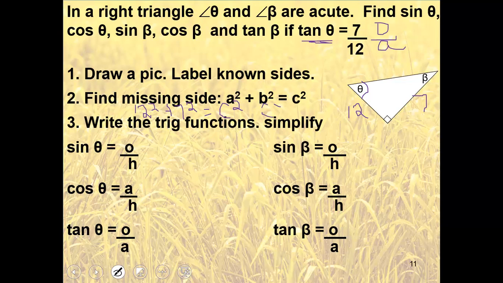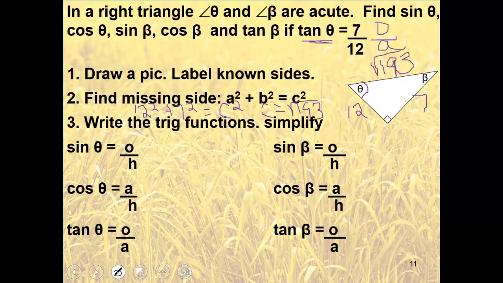So c is going to be the square root of 193. It's not divisible by 3 because the digits don't add up to a number divisible by 3. Is it divisible by 7? Nope. So I'm just going to leave it like that, the square root of 193.